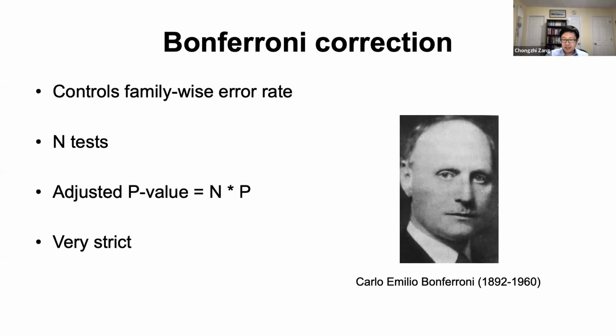It does not consider the different p-values across different observed results. To do the adjustment, we simply multiply the p-value by the number of tests we made. So n times p, which can significantly increase the p-value. So it's very strict.